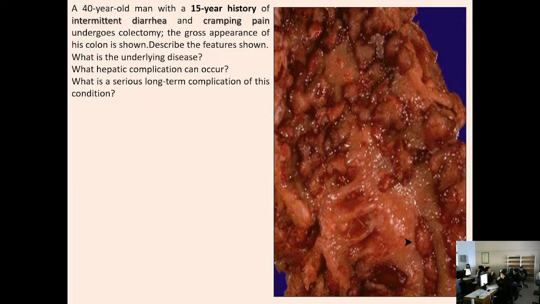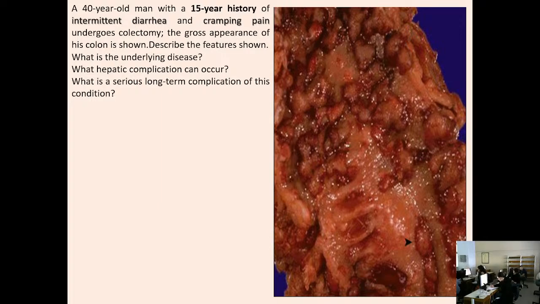If you see dysplasia and high-grade epithelial dysplasia in the mucosa, what are you afraid of? What may complicate this inflamed mucosa? What may happen there?